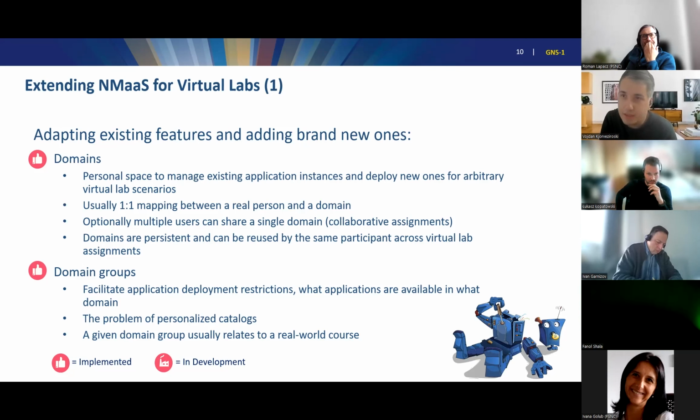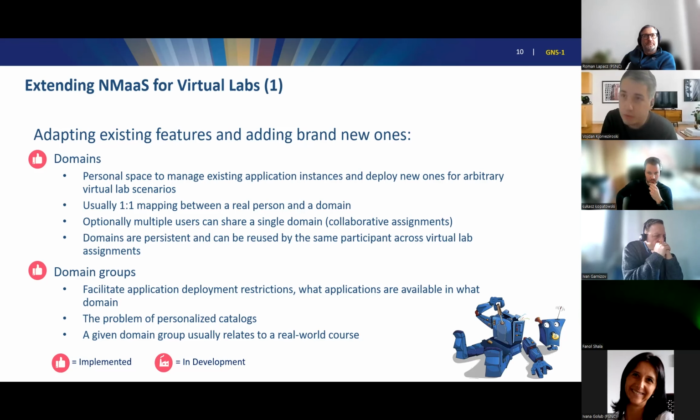If NMaaS is used as a virtual labs platform across different courses, each course might have a different set of required applications for completing the virtual lab assignments. We want a robust way of whitelisting which applications are deployable by which domain.